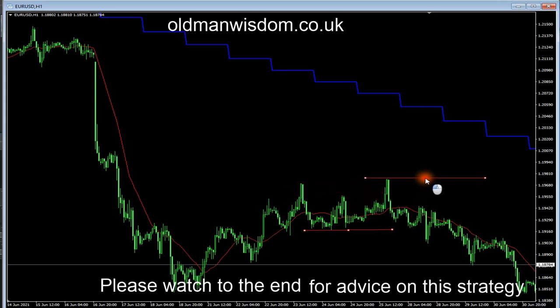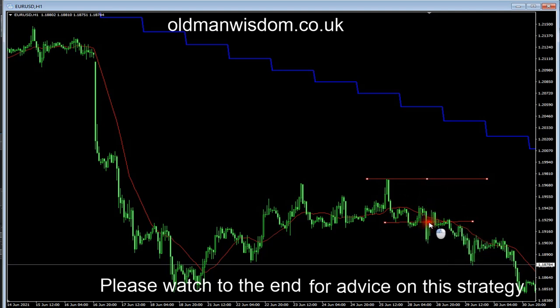So now we're going to quite simply take our high here, and I think you can see what's going to happen. Price comes down, we've got our low. Now it doesn't break above this moving average, but it hasn't broken above this one either.